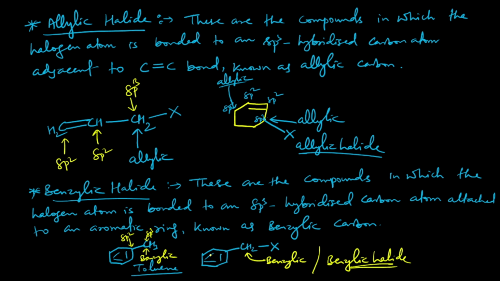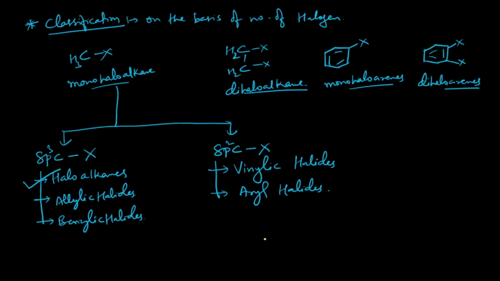Here the aromatic ring is there, but the halogen is attached to the alkane only. sp3 means alkane, sp2 means alkene, sp means alkyne, correct? So it will come under haloalkane only. So these are the three we have completed: haloalkanes, allylic halide and benzylic halide.